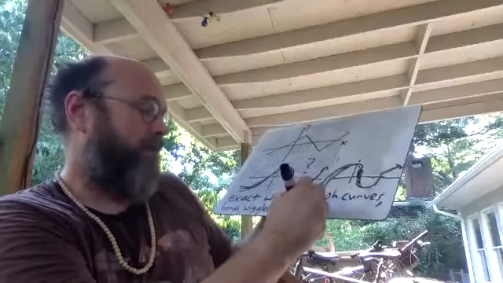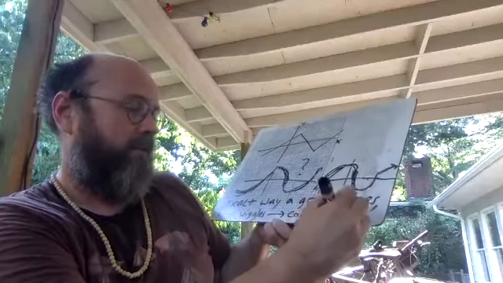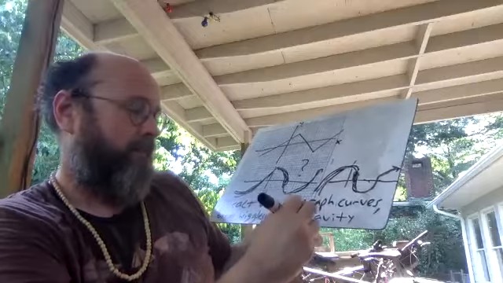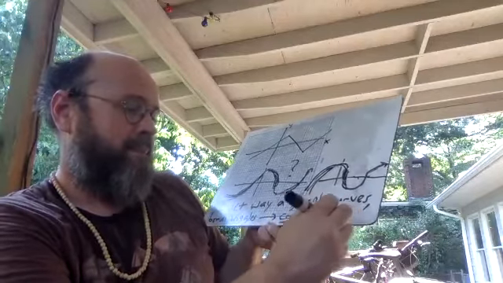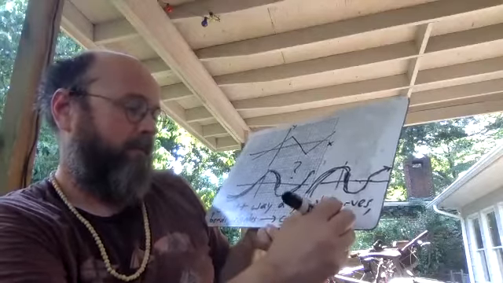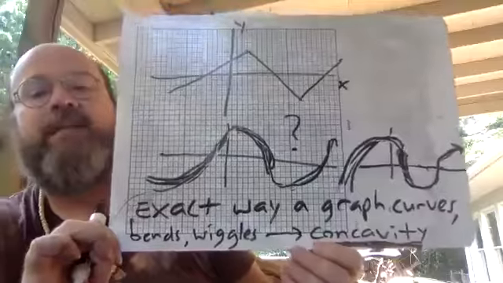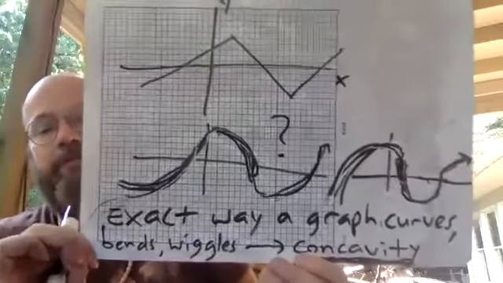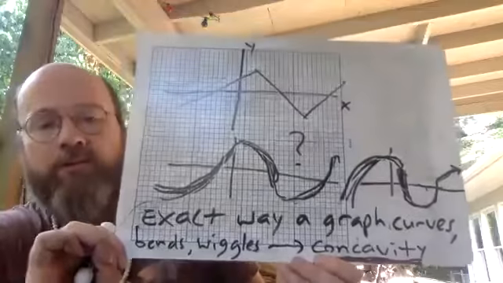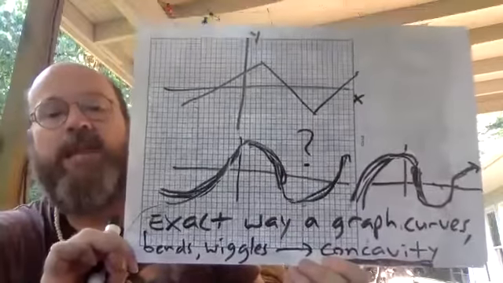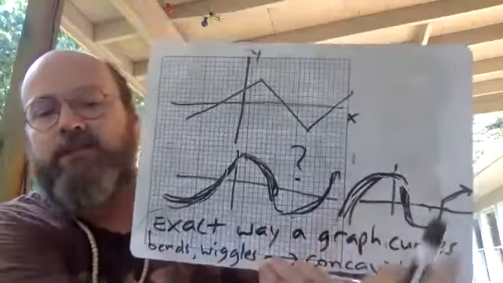The technical term for that is concavity. Concavity is the exact curvature of the function at a given point. And over all of the points of it, it has a certain concavity everywhere that makes that curve distinct from this one.